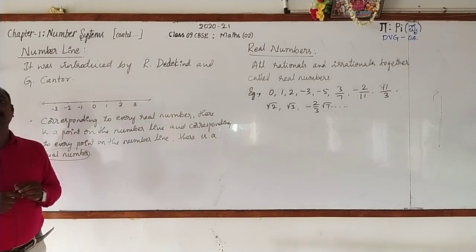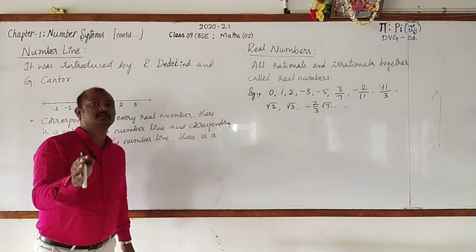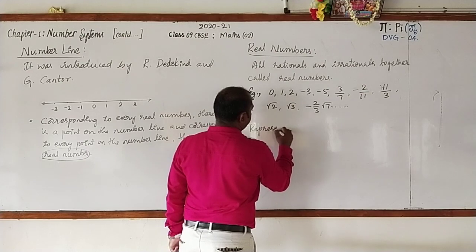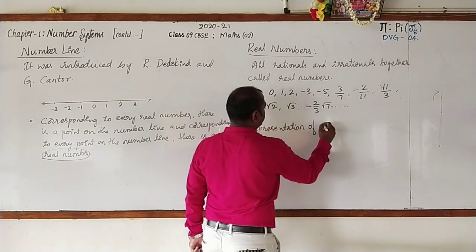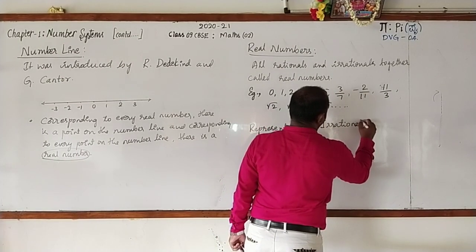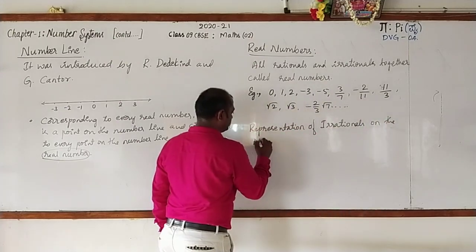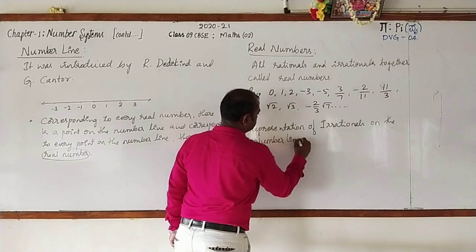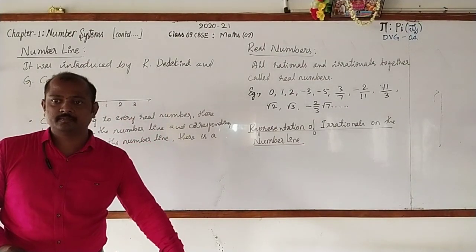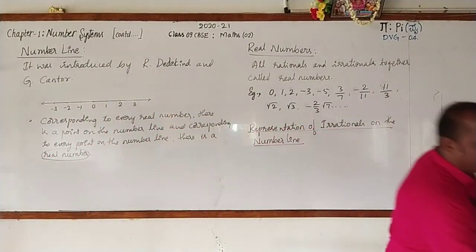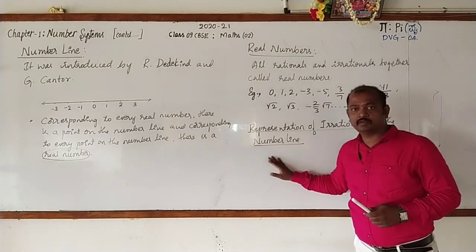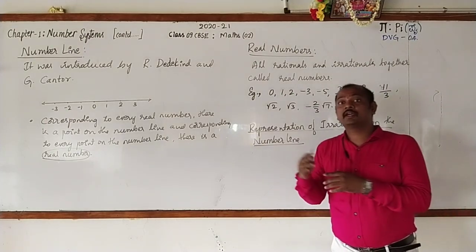So, you can write the side heading: Representation of irrationals on the number line. Now let us come to know how to locate irrationals on the number line.